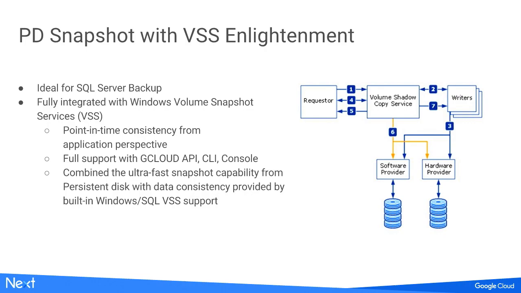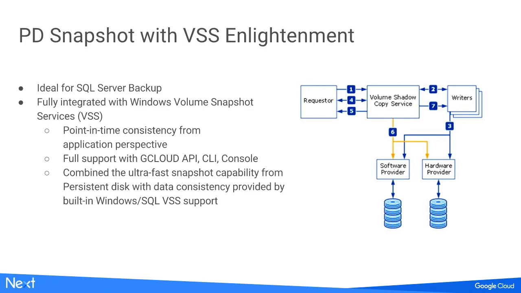For a typical operation, the VSS requester will send the request to the VSS service. The VSS service will send a notification to all the VSS writers registered in the system, including the SQL Server VSS writer, to tell them, hey, I'm going to take a snapshot, please get yourselves ready. So all the VSS writers, like the SQL Server VSS writer, start to coordinate their internal state.